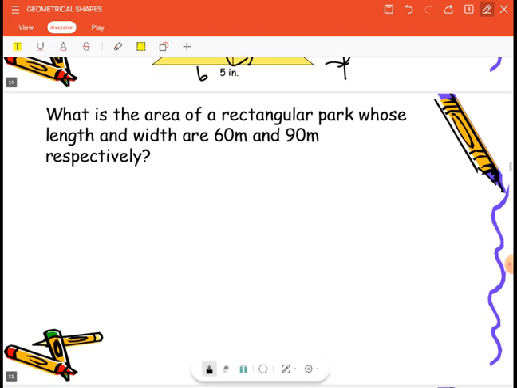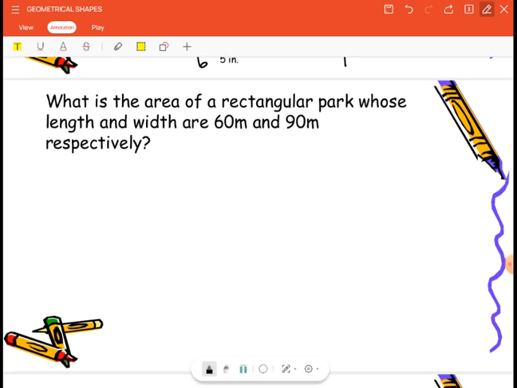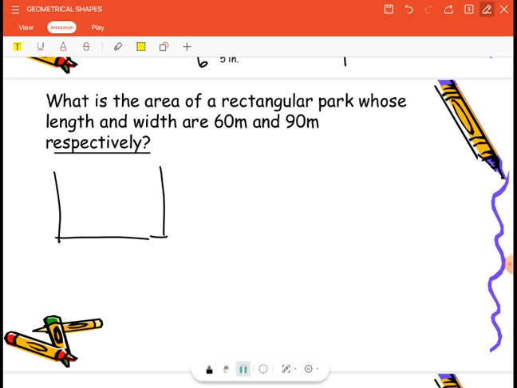Next, what is the area of a rectangular park whose length and width are 60 meters and 90 meters respectively? So, halimbawa, ito wala siyang drawing or wala siyang illustration. You just have to illustrate or draw. Halimbawa, ito yung rectangle. Sorry, nawawala yung... okay, dito.